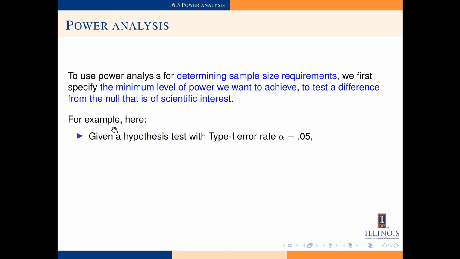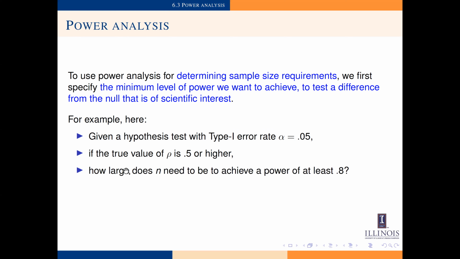So here we might ask, given a hypothesis test with type 1 error rate of some alpha, say alpha equals 0.05, if the true value of rho is equal to 0.5 or something higher, then how large does our sample size need to be to achieve a power of at least 0.8?